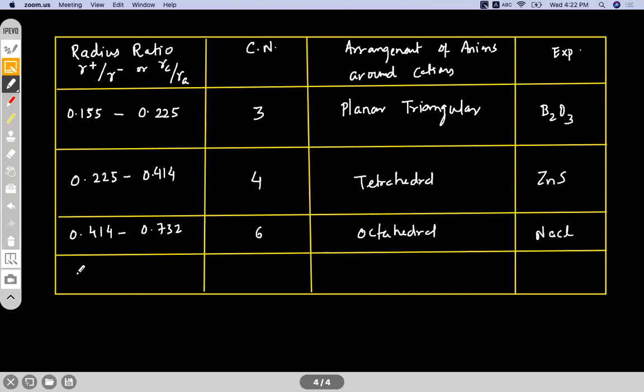If it is from 0.732 to 1, coordination number is 8, it is cubic, that is body centered, and CsCl is the example we have. So this radius ratio you just have to keep in mind here. Copy this down.